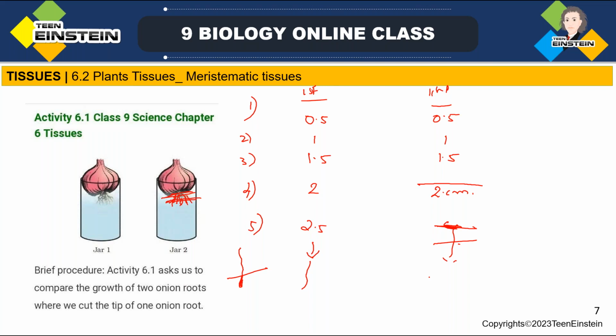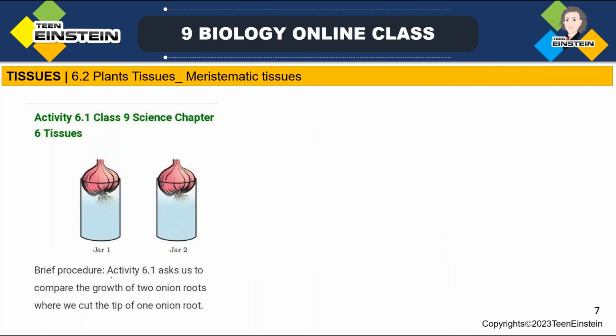That's what it means. So here you can learn that in the second jar, after cutting, you are not able to see any growth. Here we will get some questions.